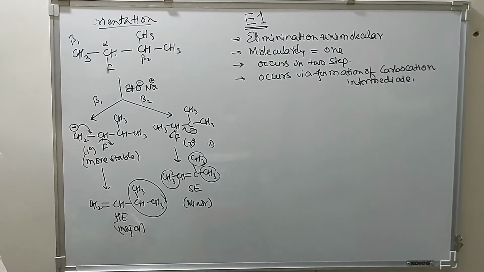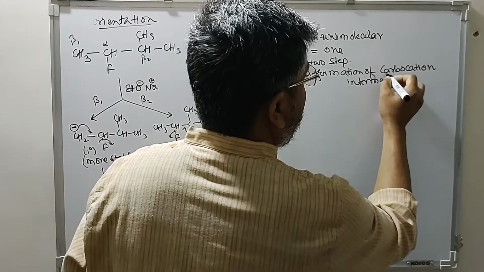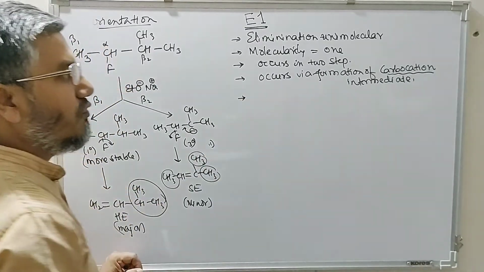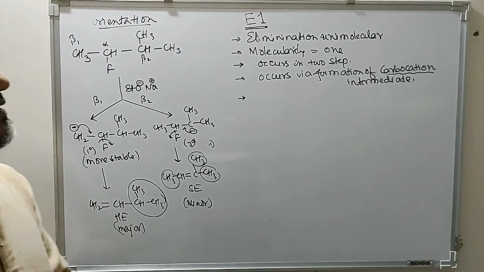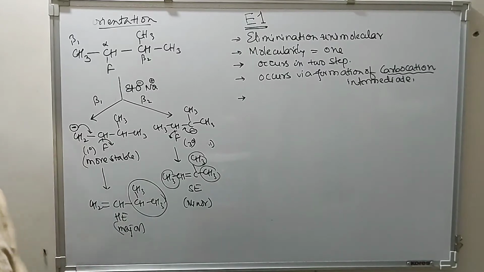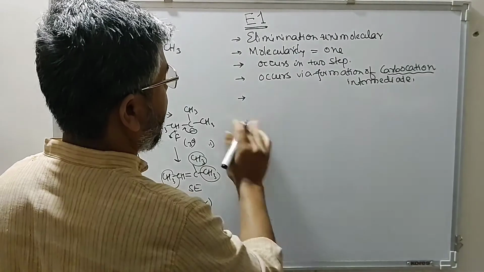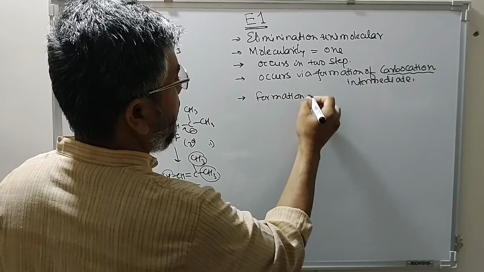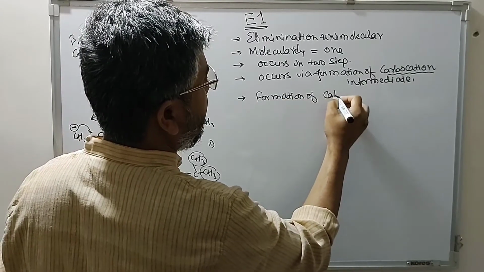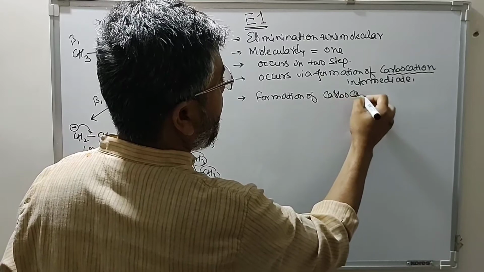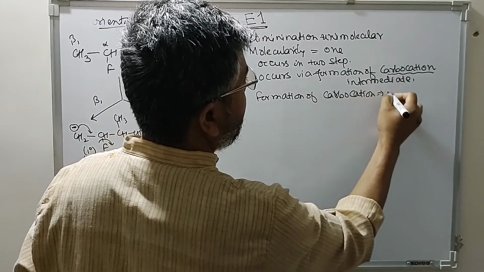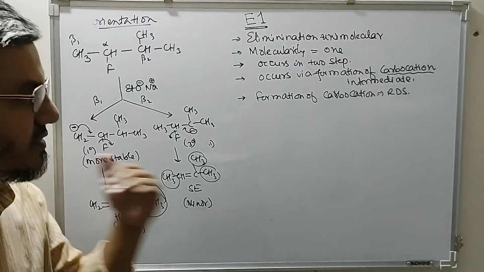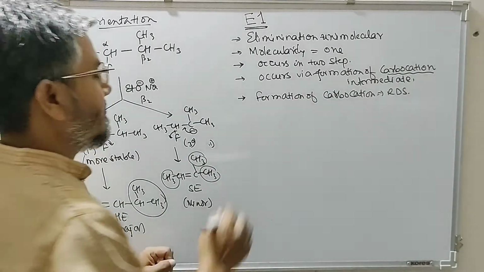Formation of the carbocation is the rate determining step. Formation of the cation, that is the carbocation, is your RDS. The rate determining step is the one in which there is formation of the carbocation.